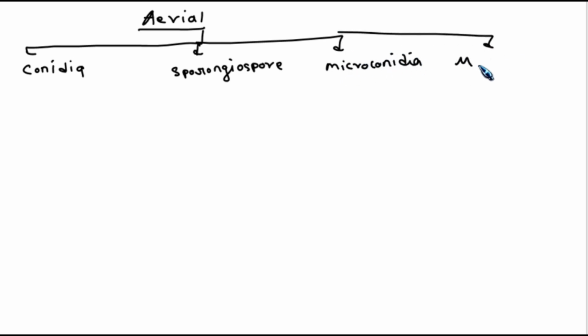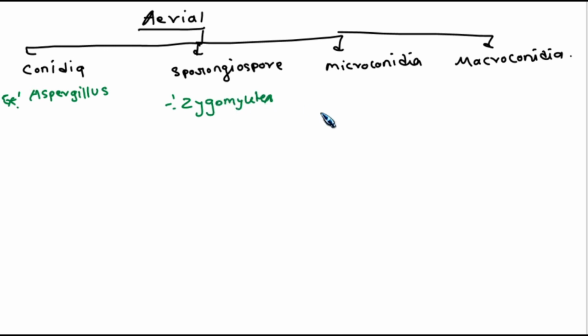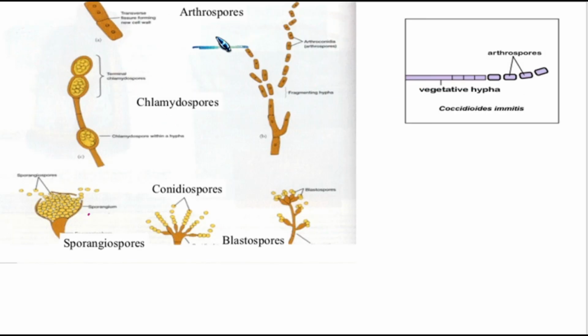Second one is sporangiospore. Then microconidia and macroconidia. Examples of conidia is Aspergillus. Sporangiospore example is Zygomycetes. Microconidia and macroconidia are seen in dermatophytes. These are aerial spores.